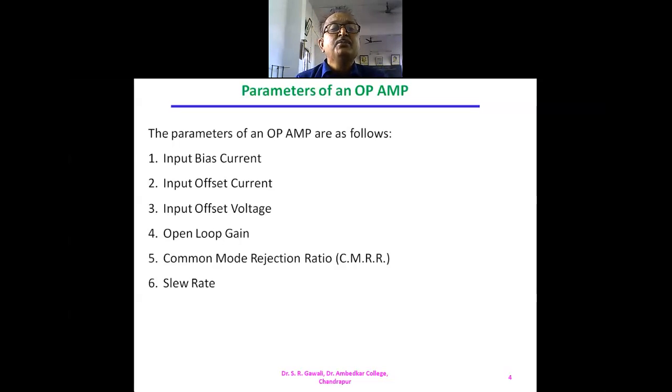Second is the input offset current. Third is the input offset voltage. Fourth is the open loop gain. Fifth is the common mode rejection ratio, abbreviated as CMRR. And lastly, the slew rate. What is meant by slew rate? The definitions of all these and what the values of these parameters should be for the ideal operational amplifier, we will discuss in this lecture.